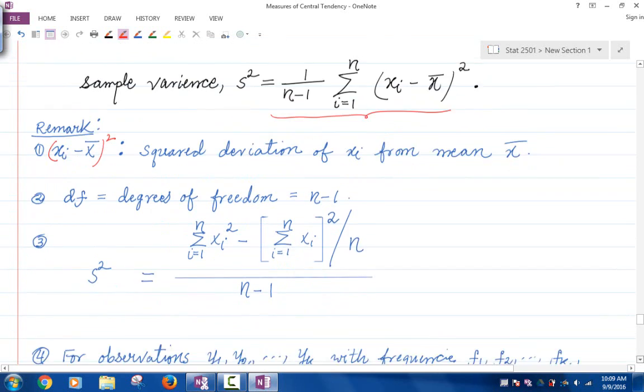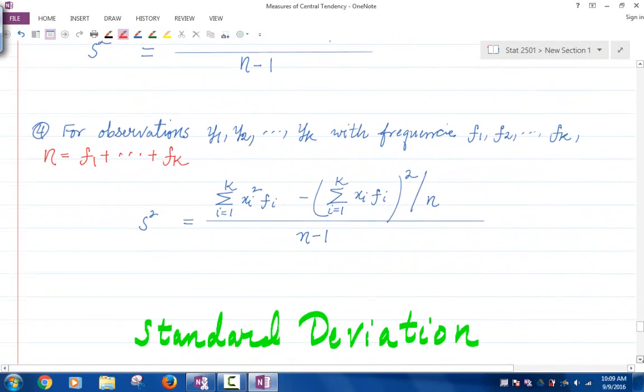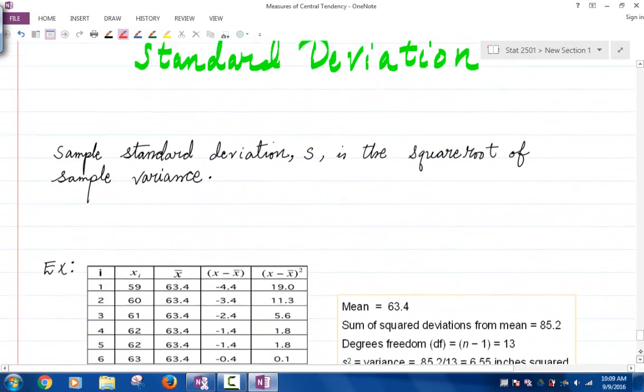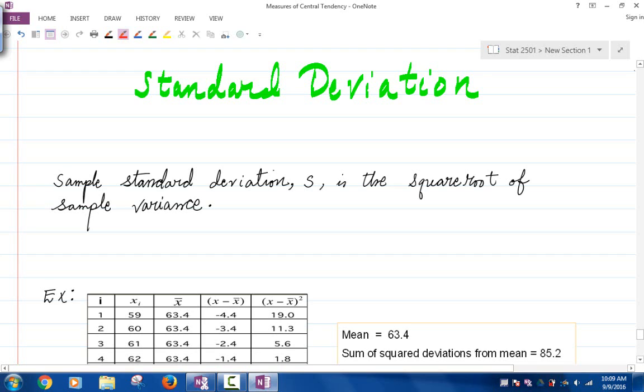And we would like a measure of dispersion that has the same unit as the observations. And for that, we have standard deviation. Sample standard deviation will be denoted by just s, and it is just the square root of the variance.